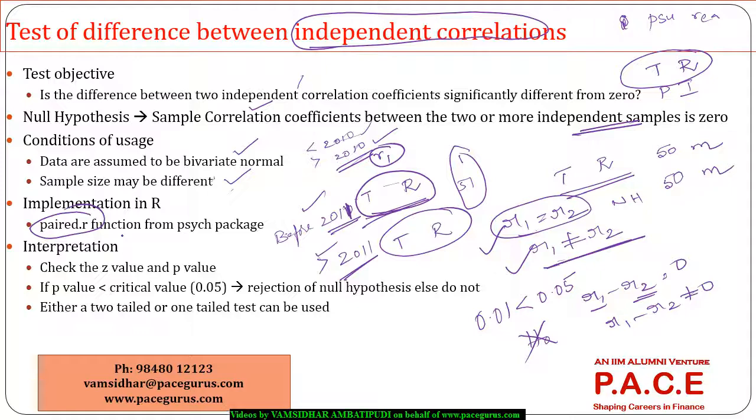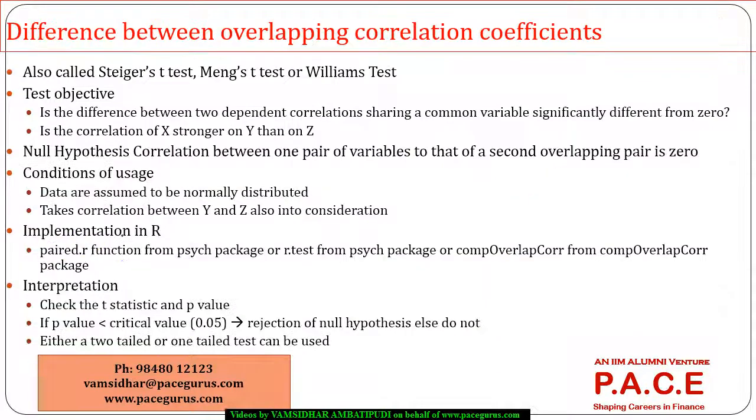Here I have used the time period as the bifurcation. It is not necessary that the time period would make the variables completely independent, right? So this is one test that we can very well perform, understanding the associations between the variables.